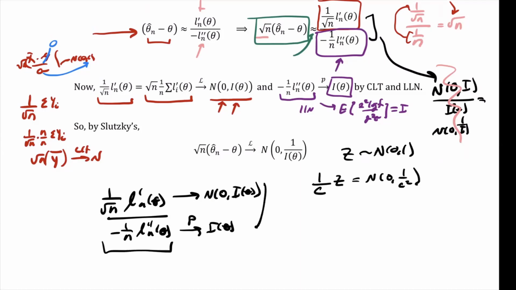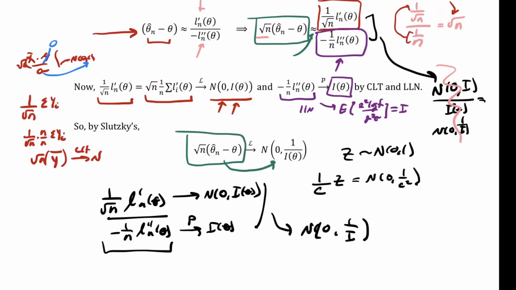And so that's why, combined, these things go to normal 0, 1 over I. And then, of course, the front piece is this green piece right here. So that's what we have.